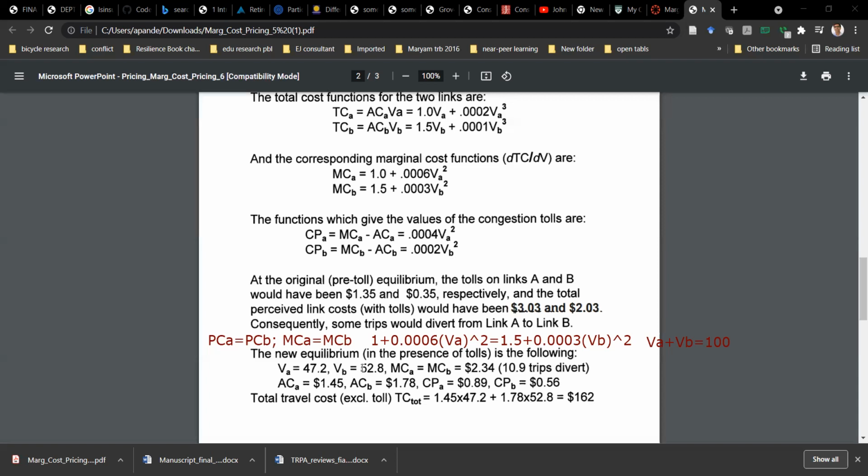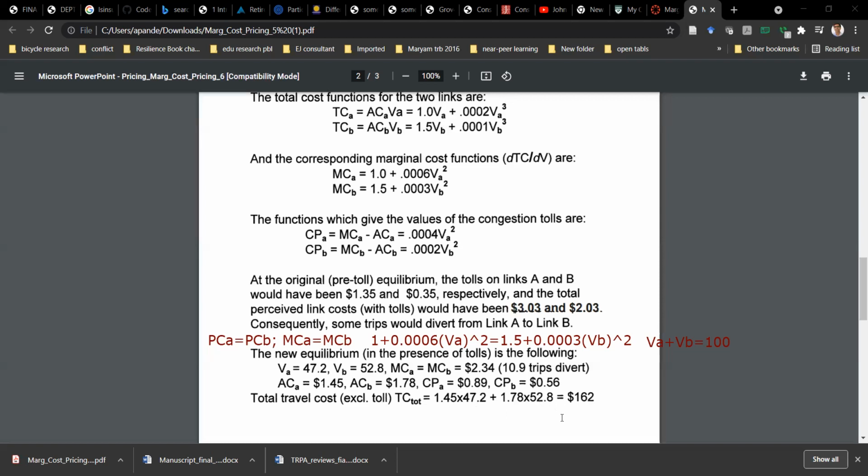Now, if you exclude the toll, the average cost of route A is $1.45. You multiply that by how many people are using route A, plus the $1.78 average cost on route B times how many people are using route B, and you add them up.